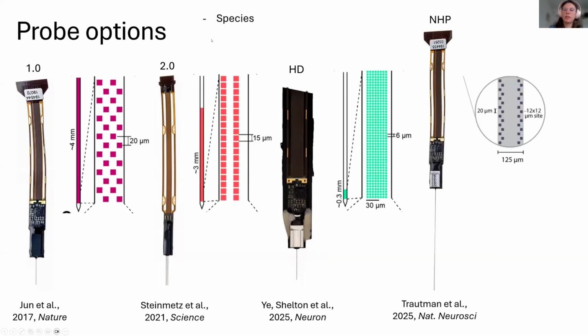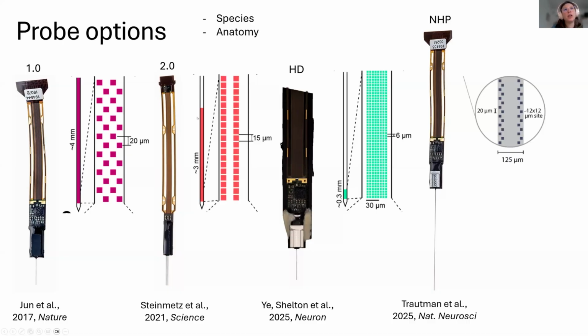An important consideration when you are selecting which probe you are hoping to use in your experiment is, of course, species. That is very obvious. But as Nick has mentioned before, another key aspect to think about is the anatomy, or the region that you are hoping to target.